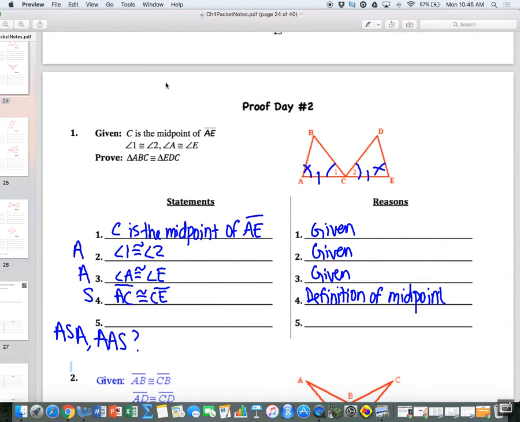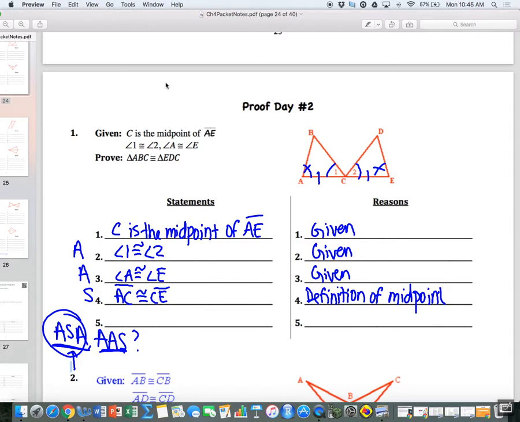So we have to figure out which of those two theorems it is. The first theorem means I have the included side. Second theorem means I have a side and it's not included. Looking at our figure, is that the included side? So is it the side in between the two angles? Yes. So that would be ASA.